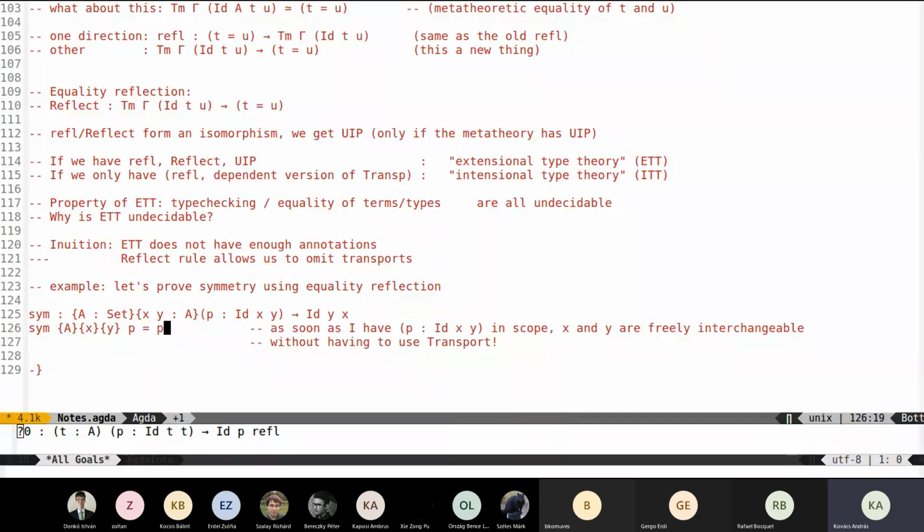So now I don't even have to use transport. I can just return P. And likewise, if I am writing constructions in extensional type theory, I never have to use transport. I only have to bring some equations into scope, and then everything happens kind of auto-magically.